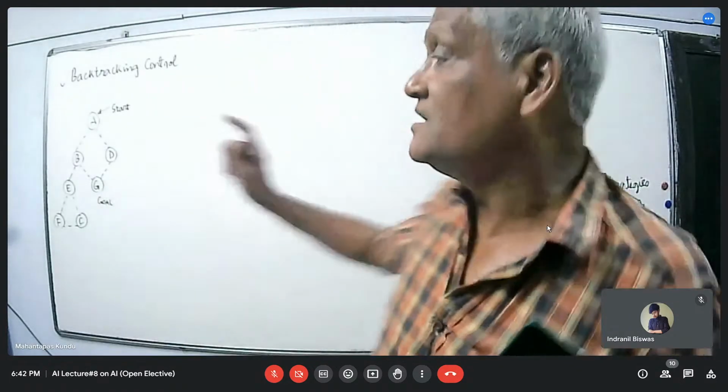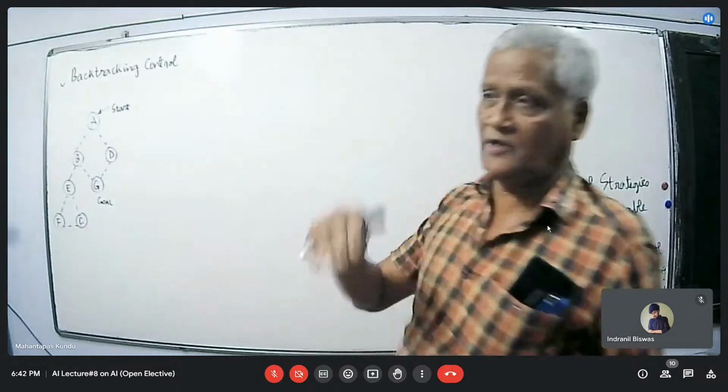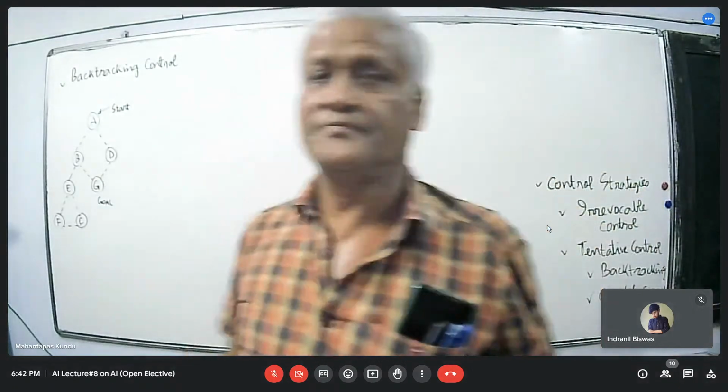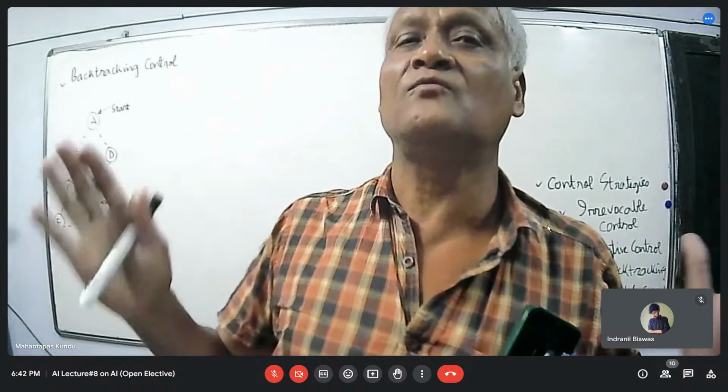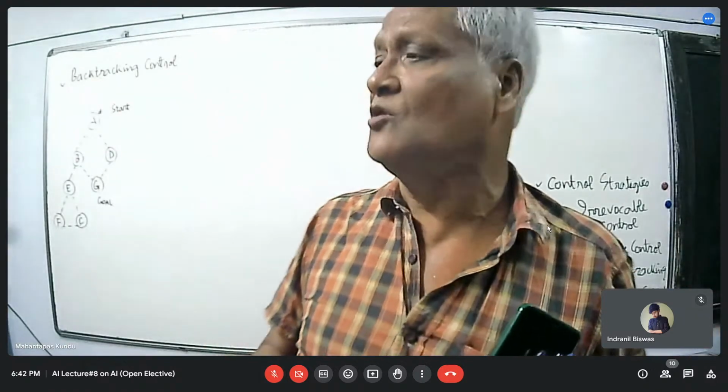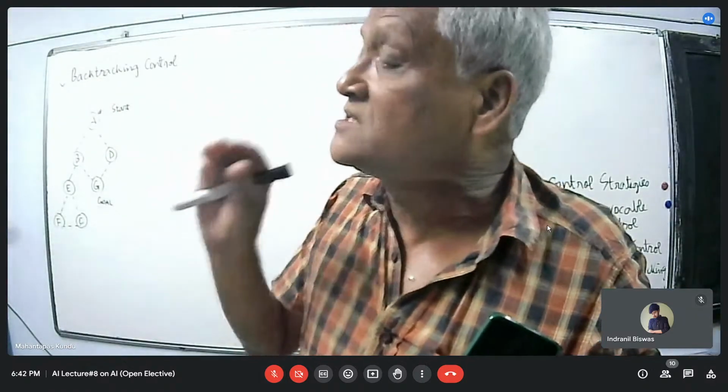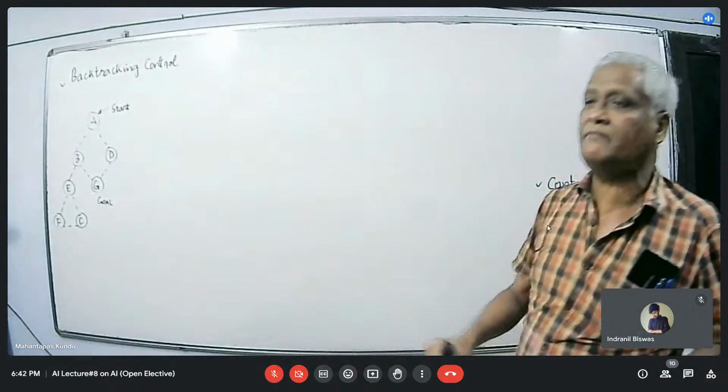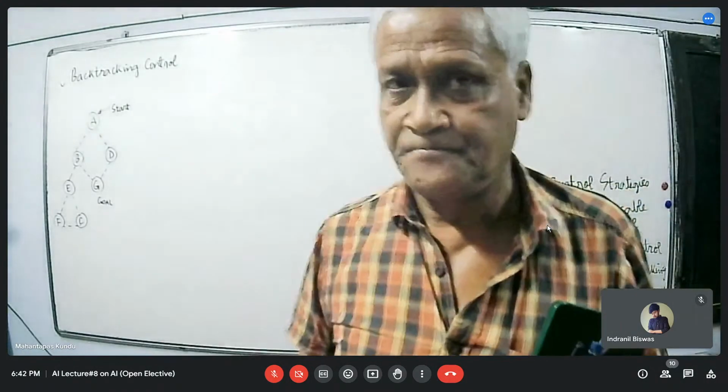states. But here, when we conduct state space search under backtracking control, we need to store the states which we have visited so far.